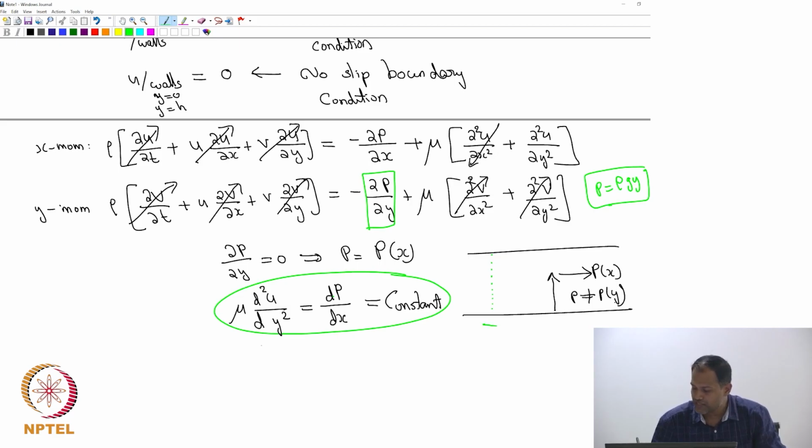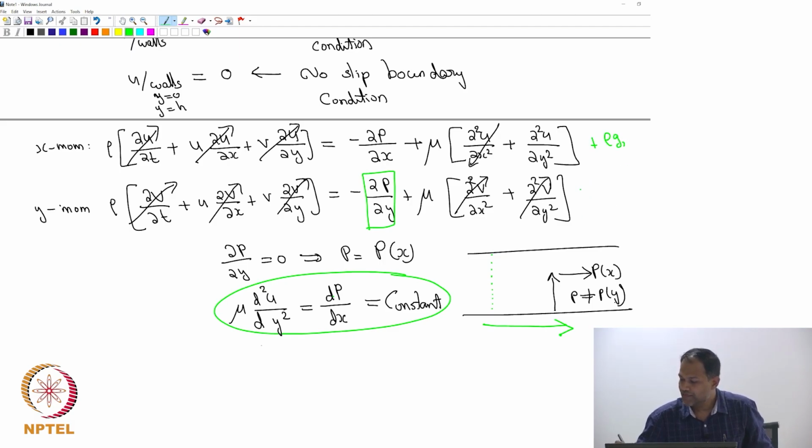What is interesting for us is what is happening in that direction, which is what we did not know, which is what we calculated. Now you could, if you like, expand by saying that I am going to add my rho gx term here, and I will add my rho gy term here, which would give me dp by dy is equal to rho gy. My gx is 0, I only have gy, which gives me p is equal to rho gy.